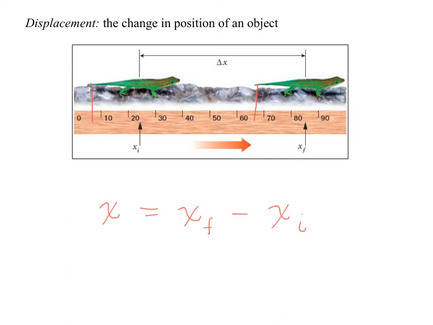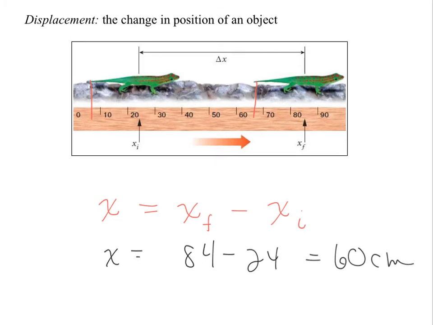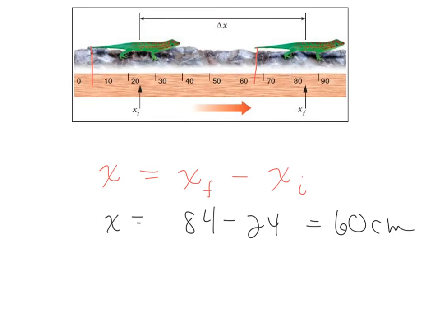Now, let's look at the same problem, but imagine this gecko started at 84 centimeters and ended at 24 centimeters. Well, then I would have to subtract. So a minute ago I did this, right? I did this, and this is what we got. But imagine now we reverse, and the gecko starts over here and ends over here.